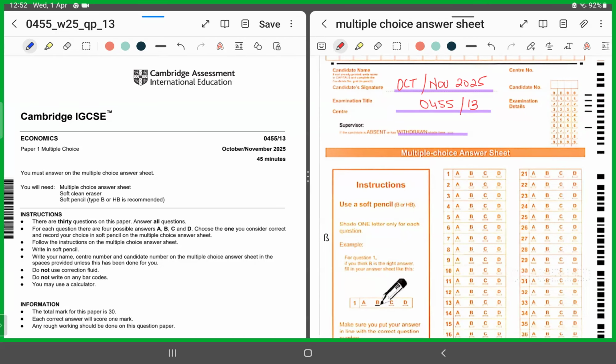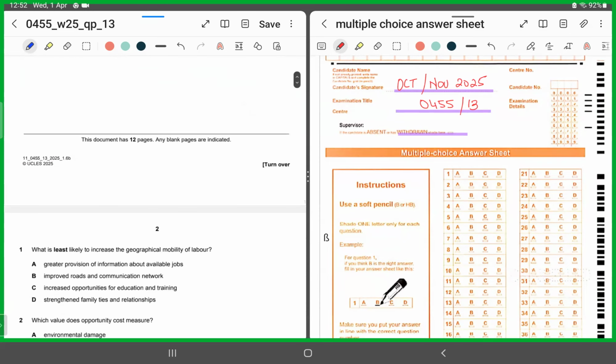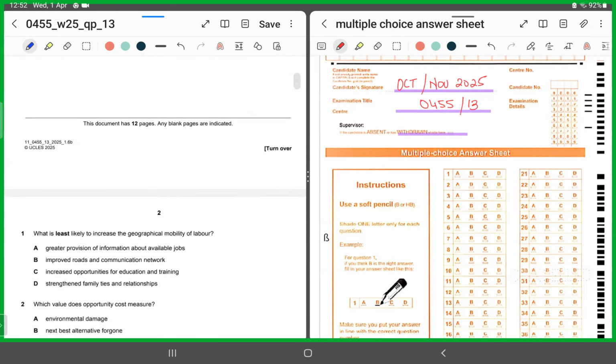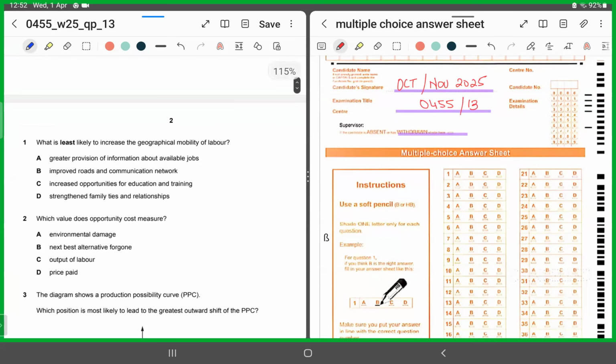MCQ number 1 says, what is least likely to increase the geographical mobility of labor? This means out of these four factors, three would be contributing towards an increase in the geographical mobility of labor.